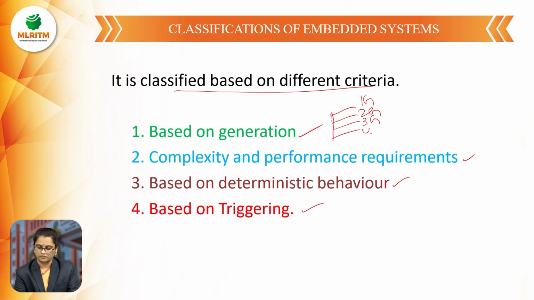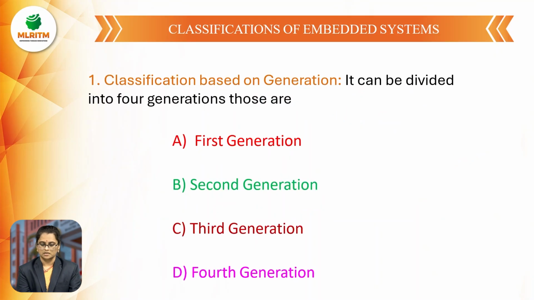So classification based on generation can be divided into four generations: first generation means 1G, second generation means 2G, third generation means 3G, and fourth generation means 4G. So these are the different generations.